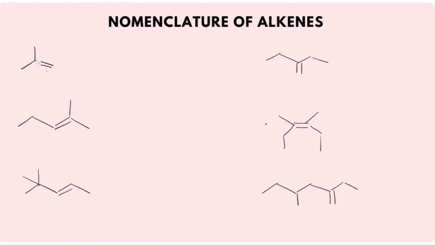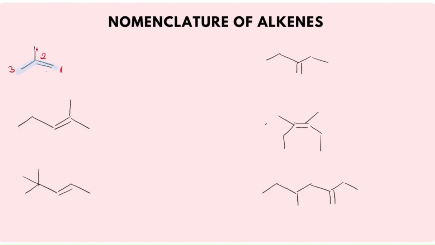Say for example, for the first molecule, I can either choose 1, 2, 3 or 1, 2, 3 as the longest chain. But you have to take the parent chain with the double bond in it like this. And then numbering. How do we number it? Number it in such a way that the double bond gets the least possible number like this. If we start from here 1, 2, 3, it's better to start from this position itself.